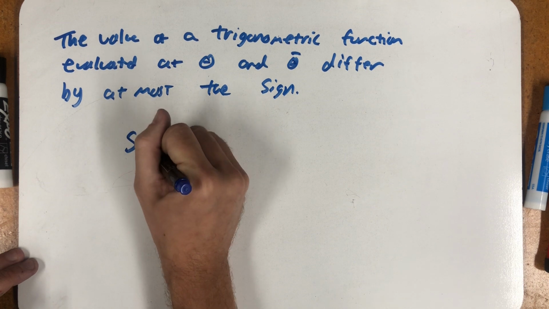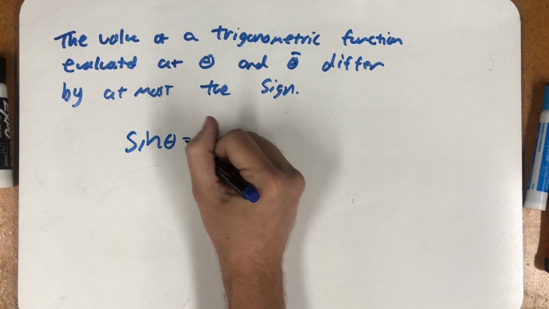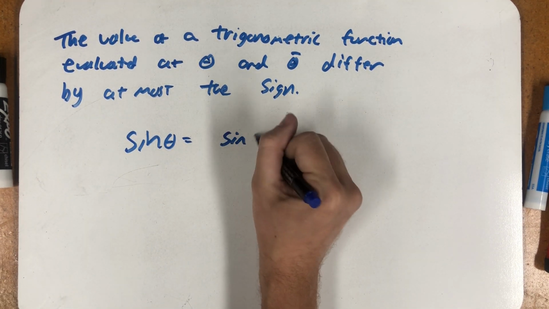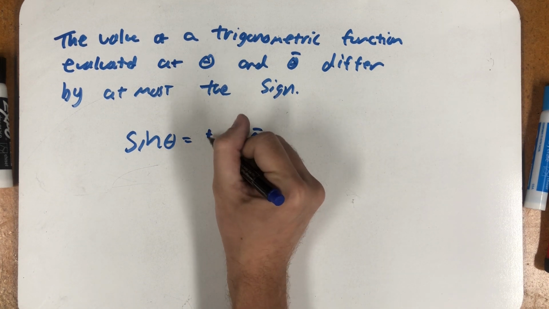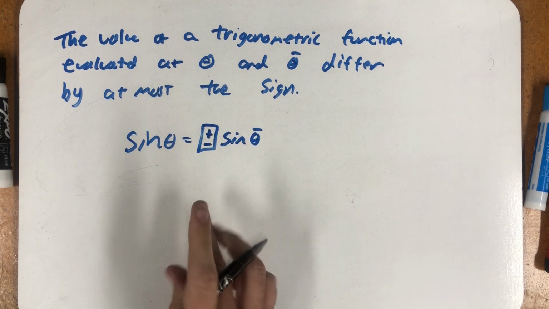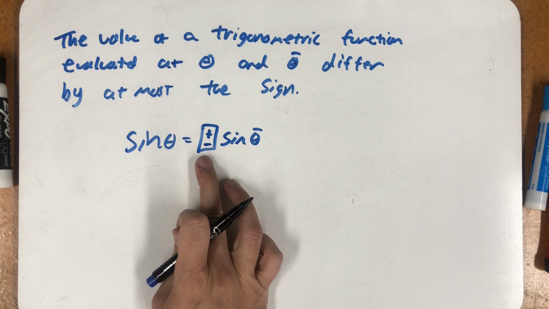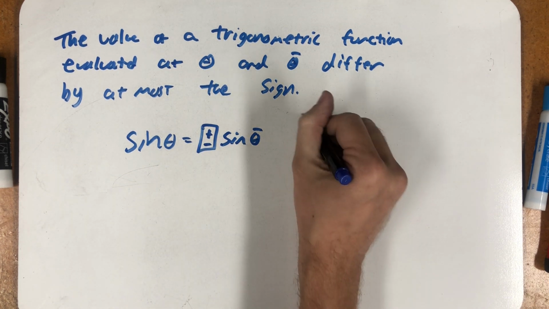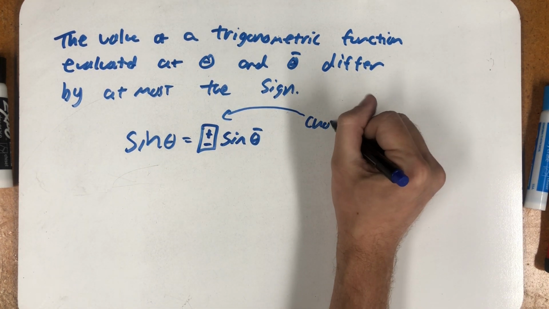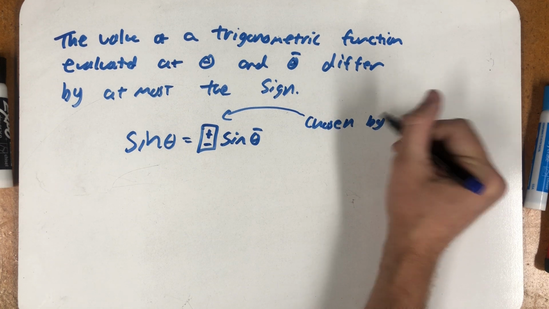If I think about it, what I'm saying is that sine of theta has to be equal to sine of theta bar with either a plus or a minus out front, right? Not whichever one we feel like, but the plus or minus gets chosen by thinking about what quadrant we're in.